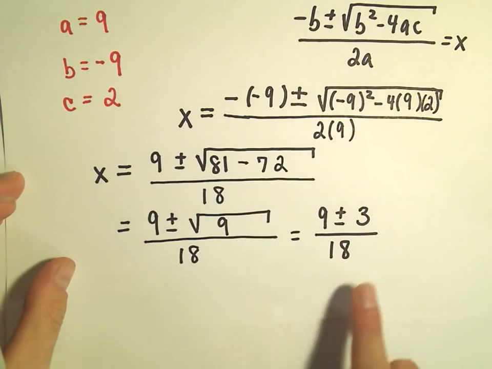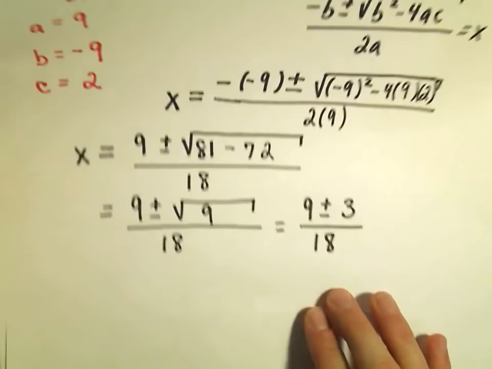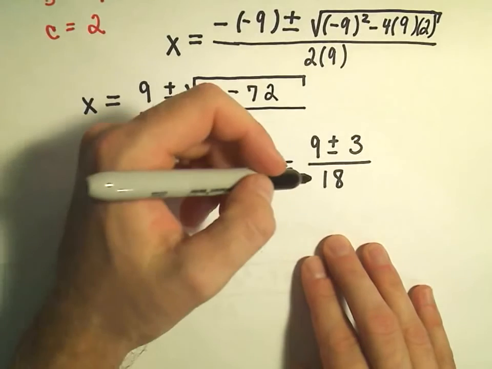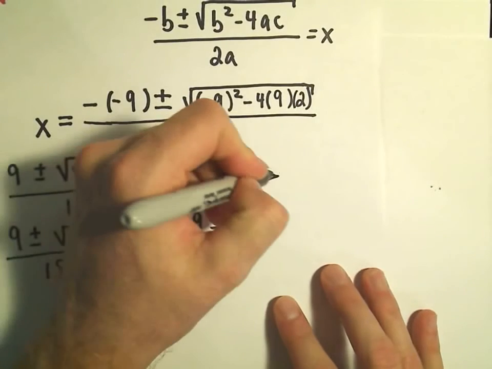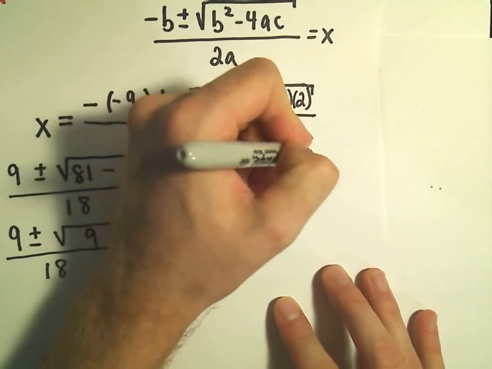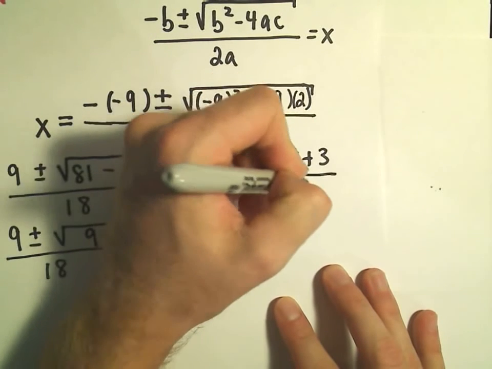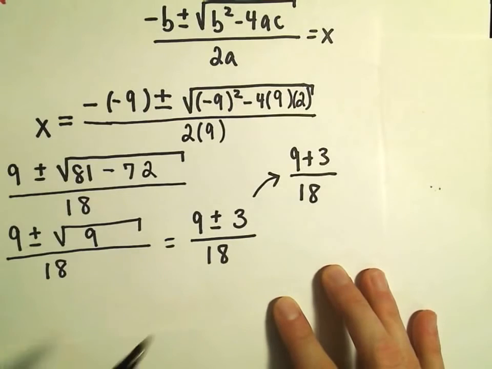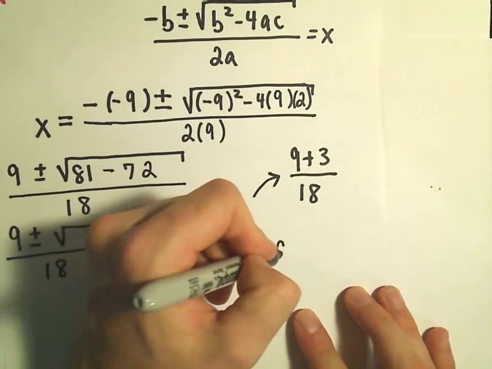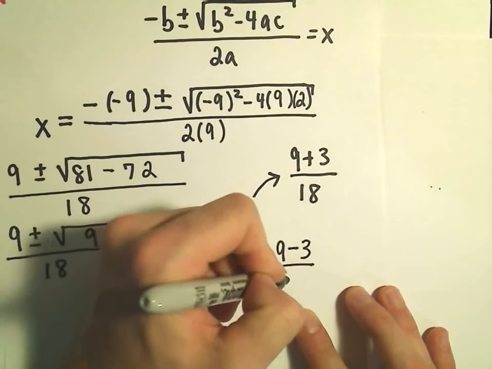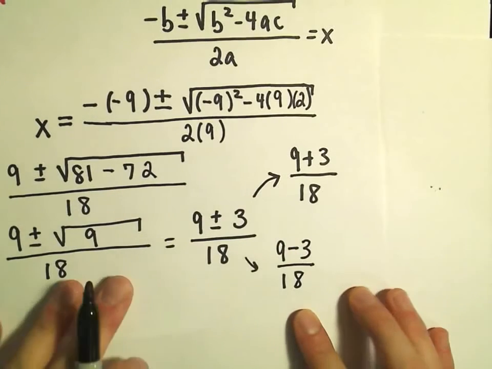And now what we do is we break this down into two different statements, and this is going to give us our solutions. Maybe I can just squeeze it all in here. One of the solutions is we take 9 plus 3 over 18. Okay, so 9 plus 3 over 18. And the other solution is going to be 9 minus 3 over 18.